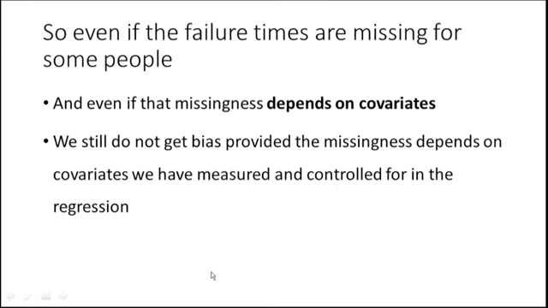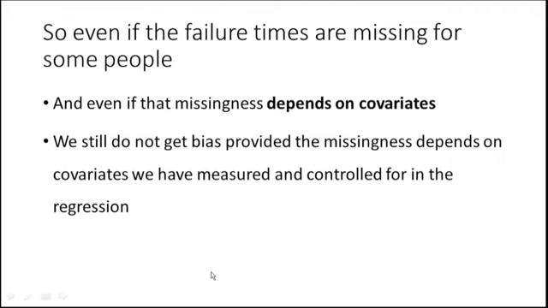So that's an important thing for you to know, and it's going to hold for all of the survival analyses we do in the rest of this class. If the data is missing and the missingness depends on the covariates, there's no bias.